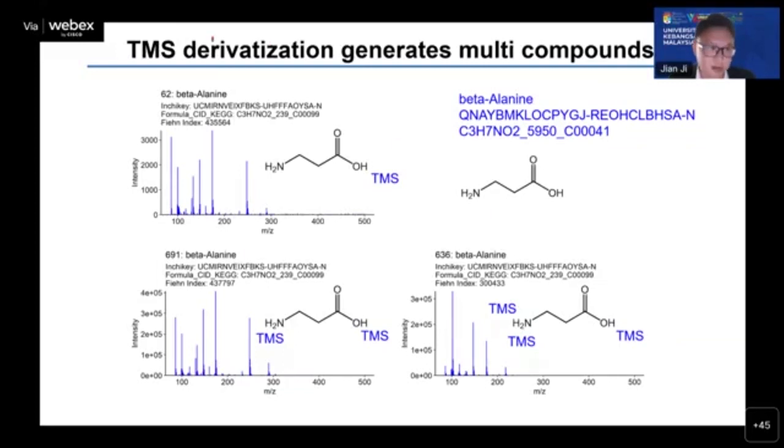And in the TMS derivatization part, you will generate even more compounds. Like alanine here, it has a carboxyl group and an amino group. The carboxyl will connect with one TMS, and the amino group will connect with 1, 2, or 0.